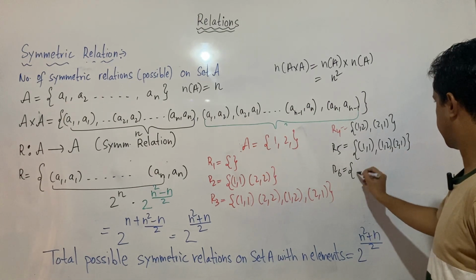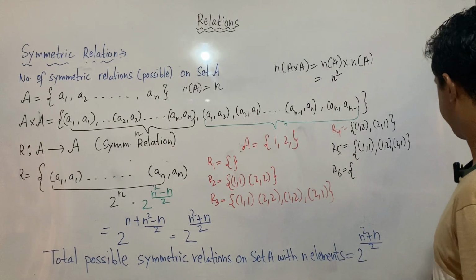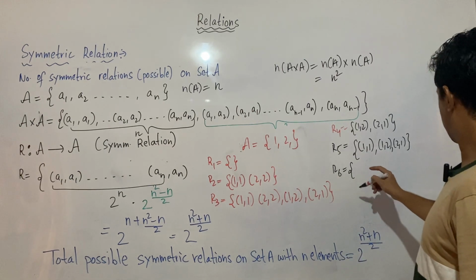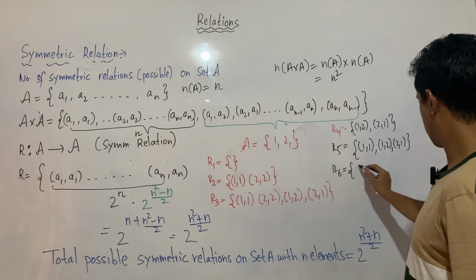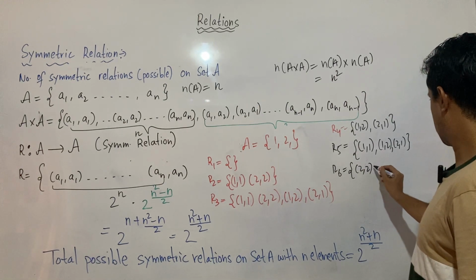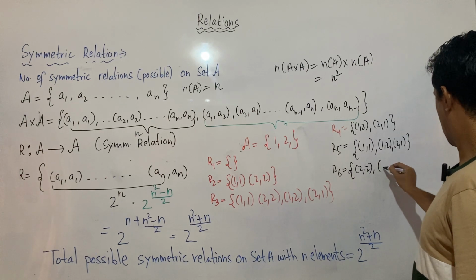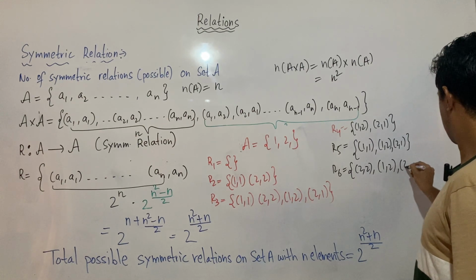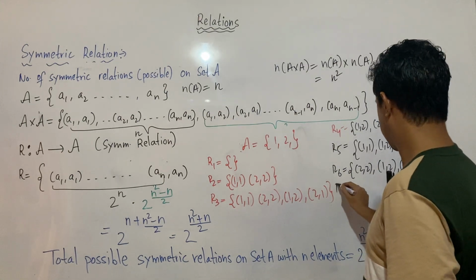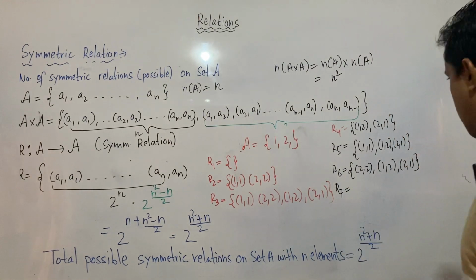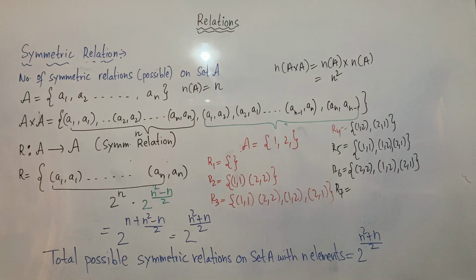R6 could be (1,2), (2,1) again with (2,2). R7 could be (1,1), (2,2), (1,2), (2,1).